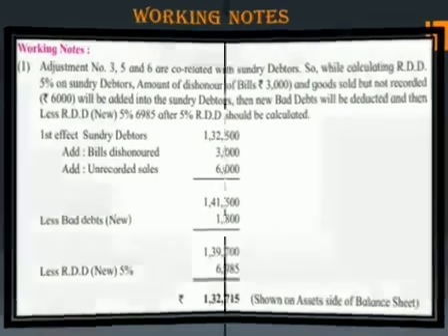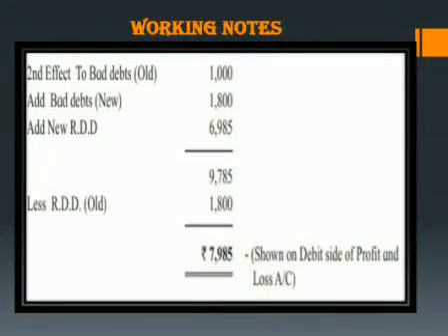Then second, the bad debts. Already I told you to write down the bad debts. Old means in trial balance given, add bad debts new means in adjustments given, add new RDD means just now we have calculated 6,985, and less RDD old means it is given in the trial balance.